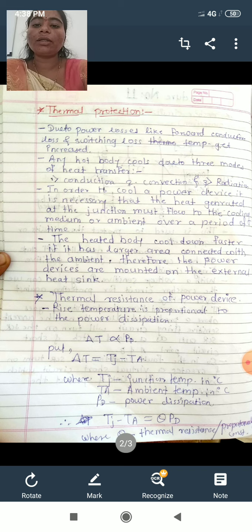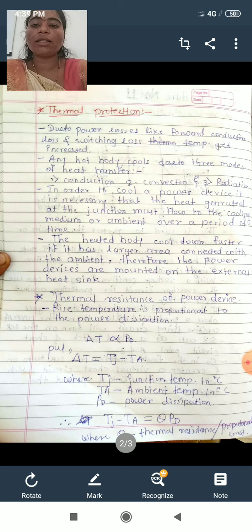There are basically two types of power losses: static power losses and dynamic power losses, which we already learned in the previous lecture. In static power losses, there are three power losses. First is forward conduction power loss, then forward blocking state loss, and reverse blocking state loss.